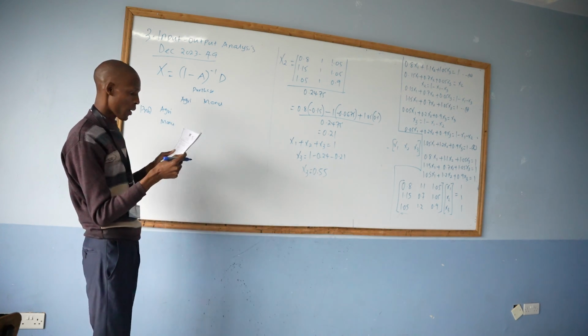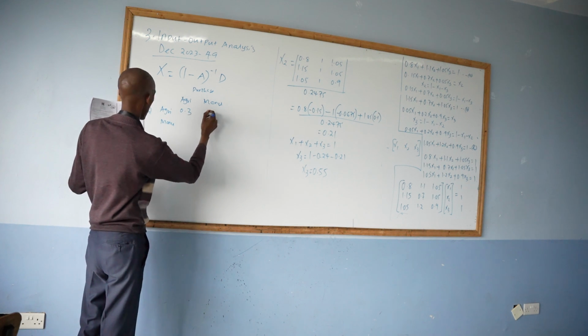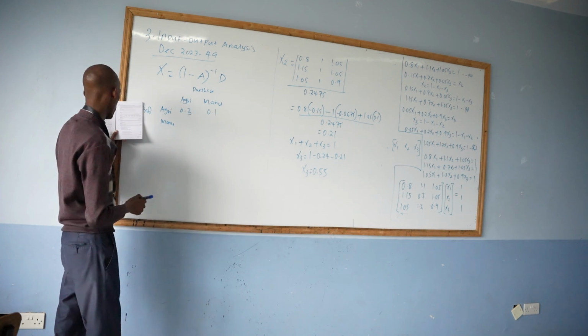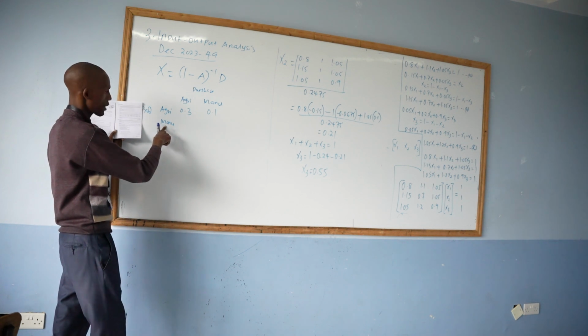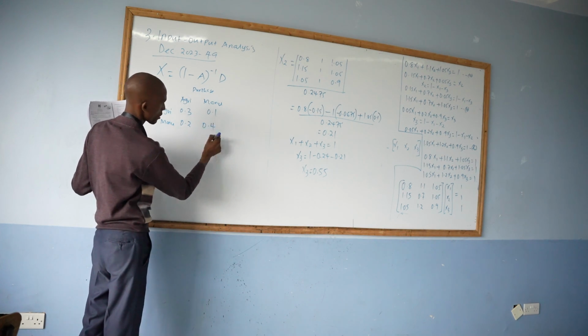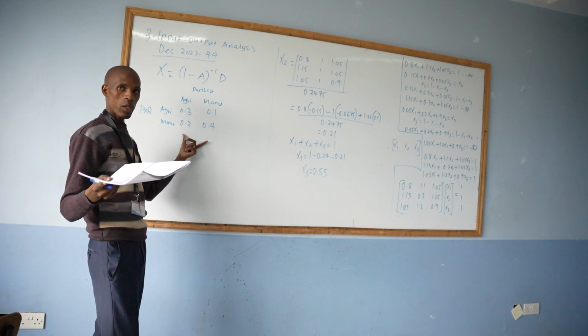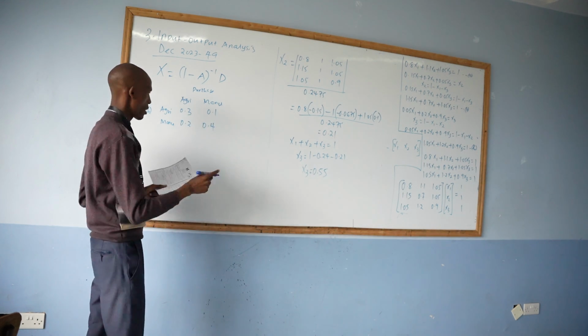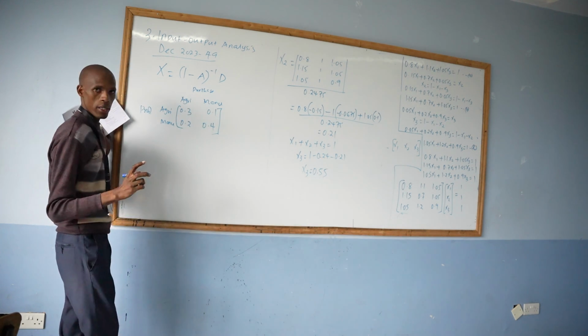Production of a shilling worth of agriculture requires input of 0.3 from agriculture and 0.1 from manufacturing. Production of a shilling of manufacturing requires 0.2. This is the matrix. Remember, in some cases you may not be given the matrix. If you are not given it, go back to the notes and I've shown you how to get the matrix. So this is our matrix, which is our A.